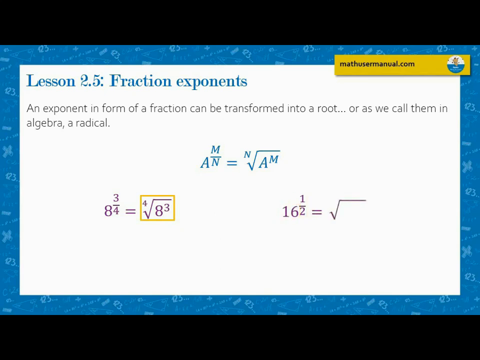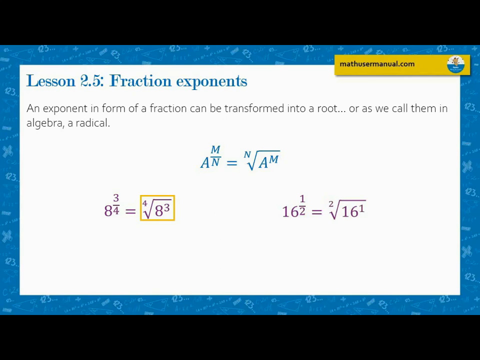Then we take the 16 and we copy the 16 inside of the radical because that's the base. Then the numerator is an exponent of 1. So that's the exponent of the 16 inside of the radical. And then we have the denominator of 2. So the denominator is the index of the radical.